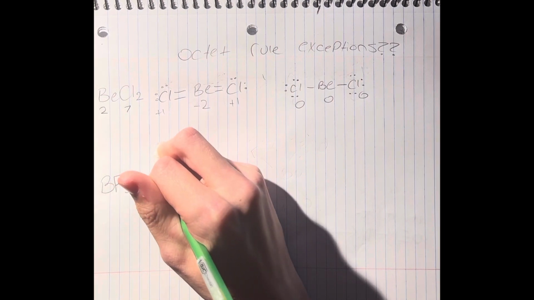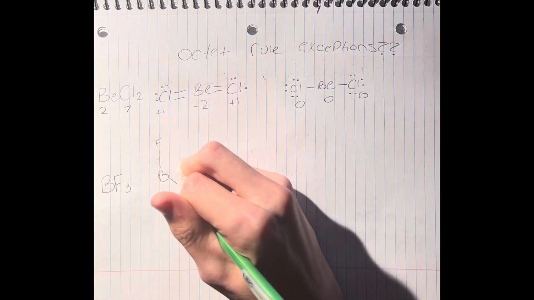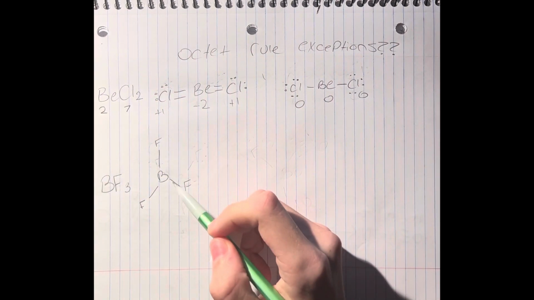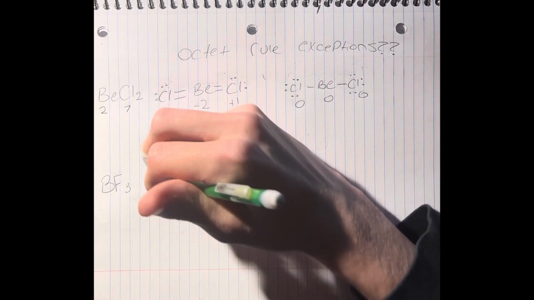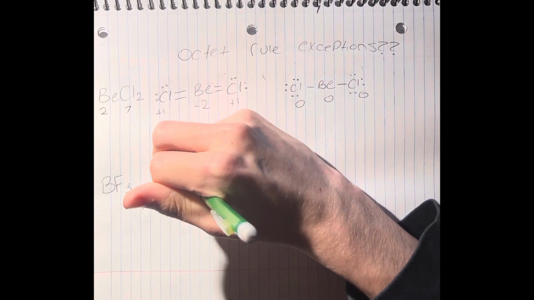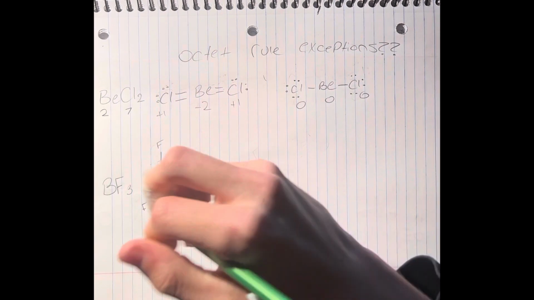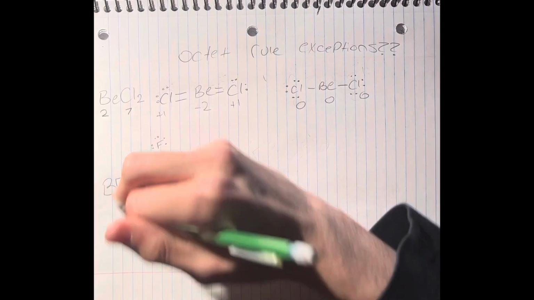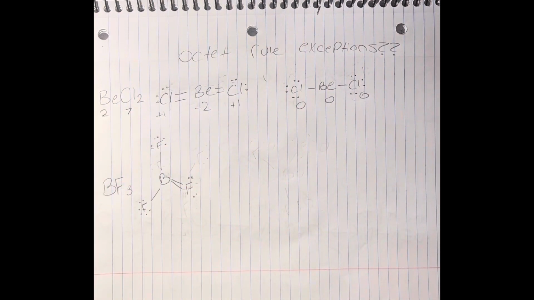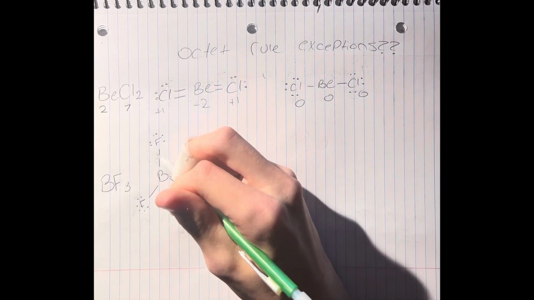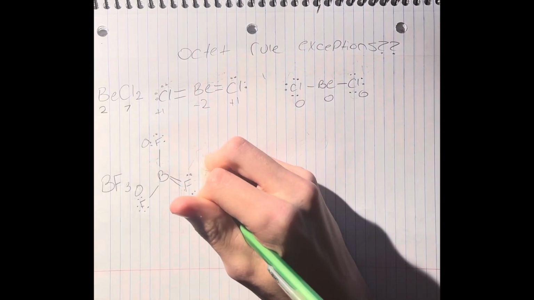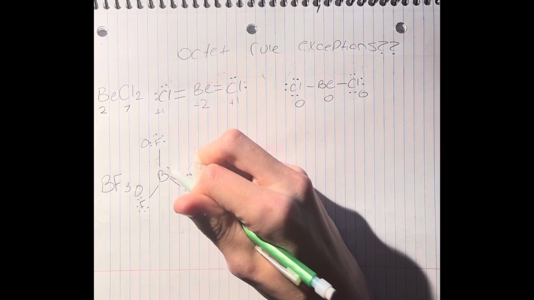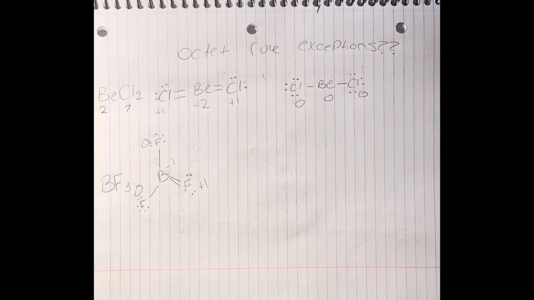So if we were to do it the normal way, we'd have our boron in the center, and then the 3 F's surrounding it. We would have one of them containing a double bond. And then the rest would just have their regular octets. And if we did the number calculations, we would realize that the charges come out to be 0 on the 2 single bond F's, +1 on the double bond, and -1 on the central atom.